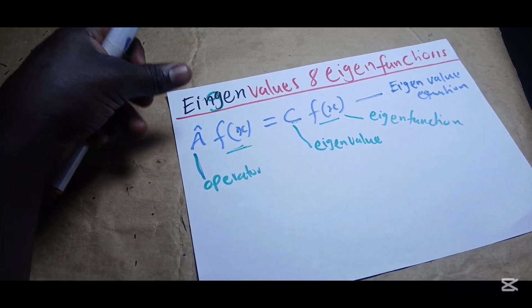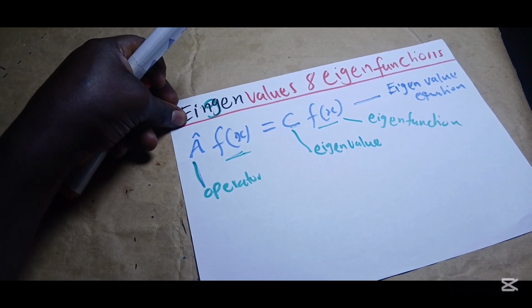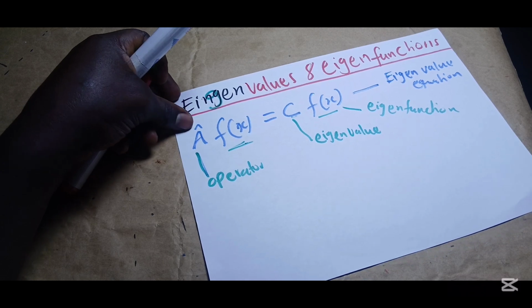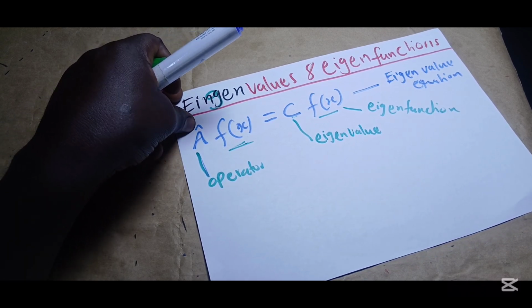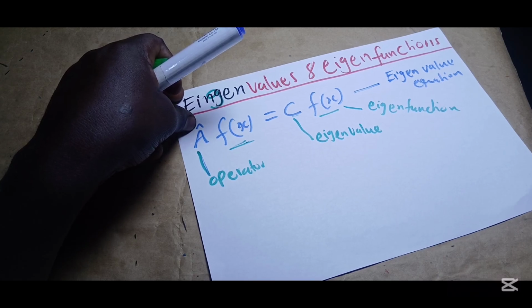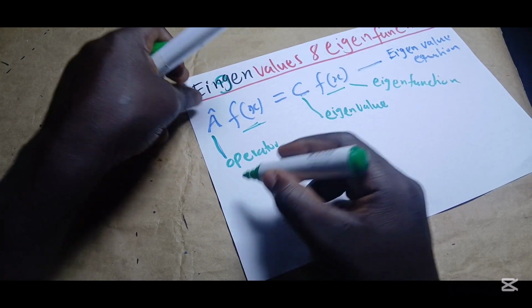The reason why we are studying eigenvalue equations is that every single observable in quantum mechanics is going to have a corresponding eigenvalue equation of this format.